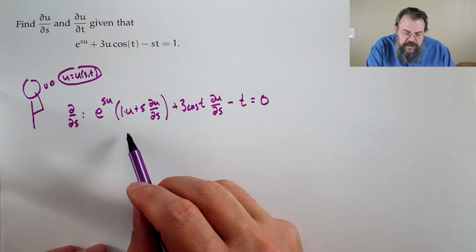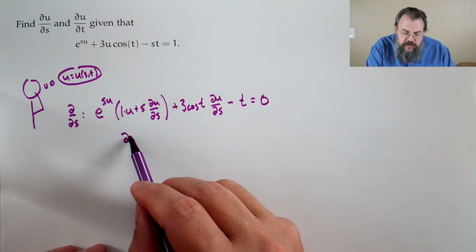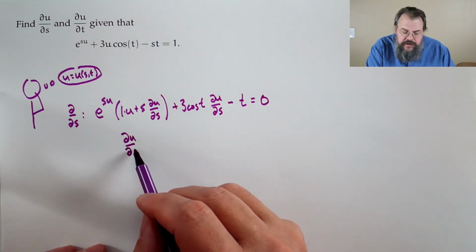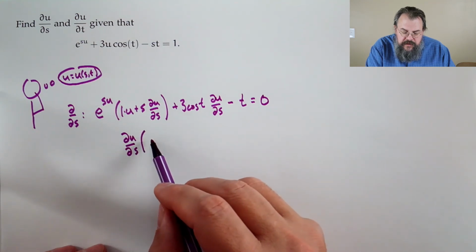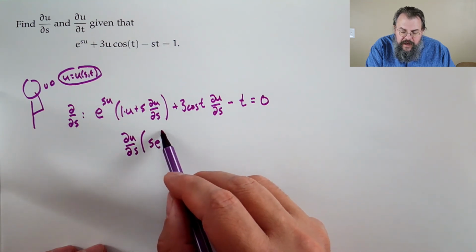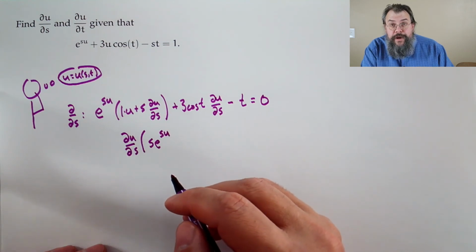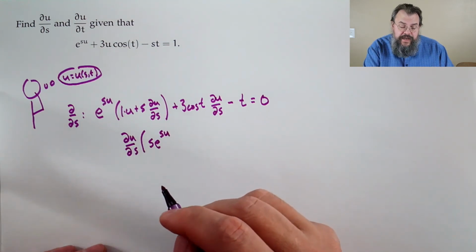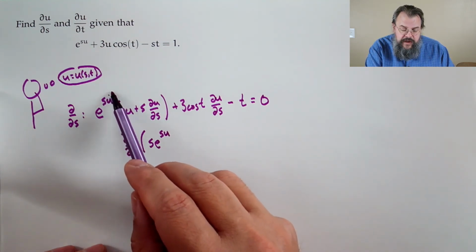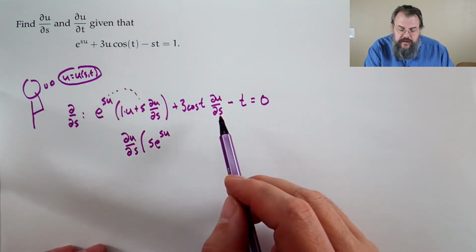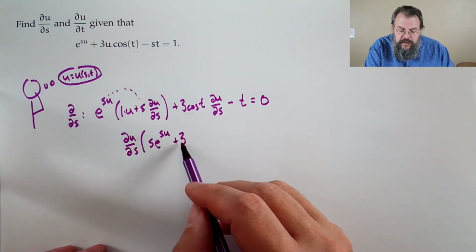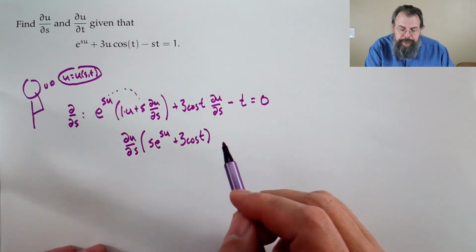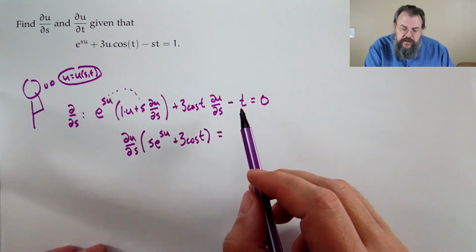So what will happen if you do it right is you'll always be able to factor out a partial u partial s times some stuff. If you can't do that, you've made a mistake somewhere. Go back and check your work. So we're going to have s e to the su there, and then here, 3 cosine t. On the other side, we'll move that across.